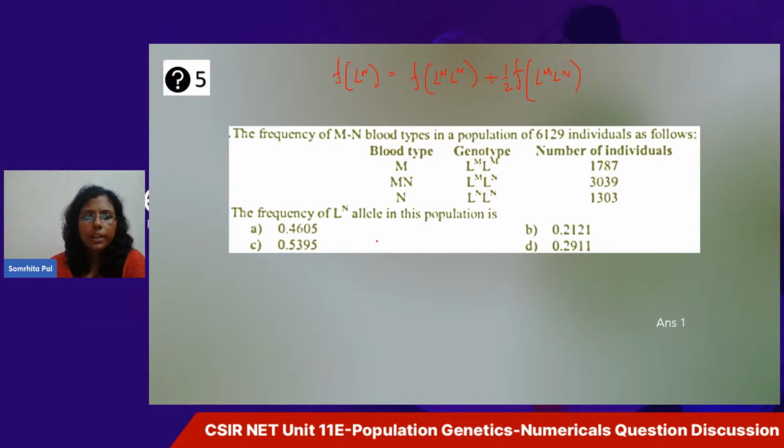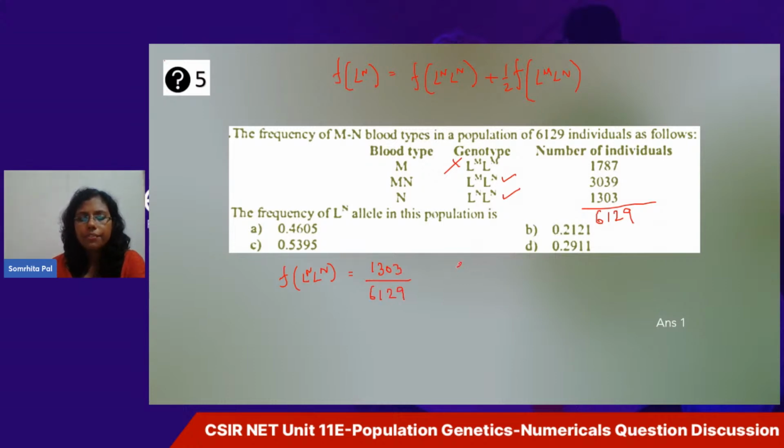So I will just concentrate on these two genotypes. I will leave out this one, no need for this. So how to find out the frequency? I first have to find out the total. The total is coming to 6129, right? So the frequency of LN homozygous is equal to 1303 divided by 6129.